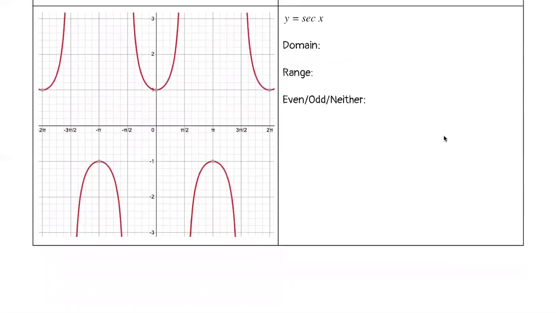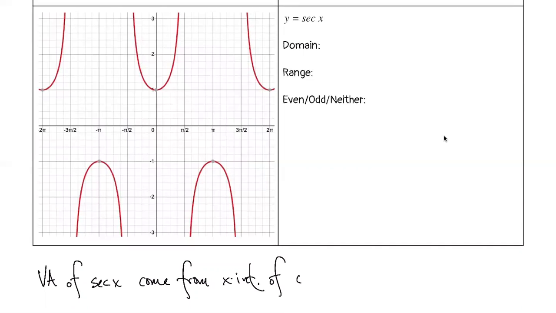It turns out that the pattern we established earlier with sine and cosecant also holds true for cosine and secant, meaning the vertical asymptotes of secant come from the x-intercepts of cosine, okay?